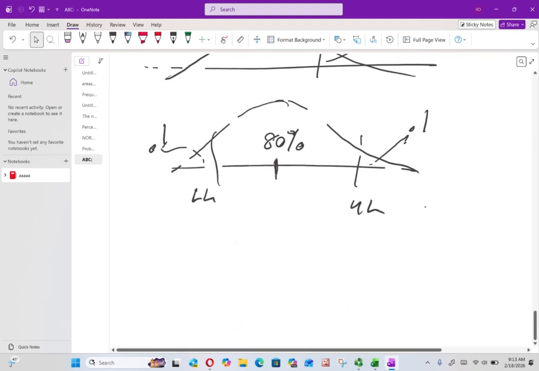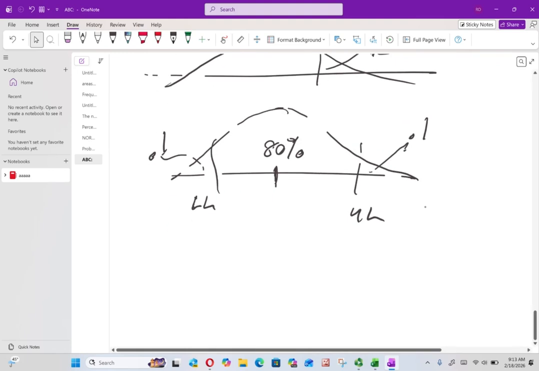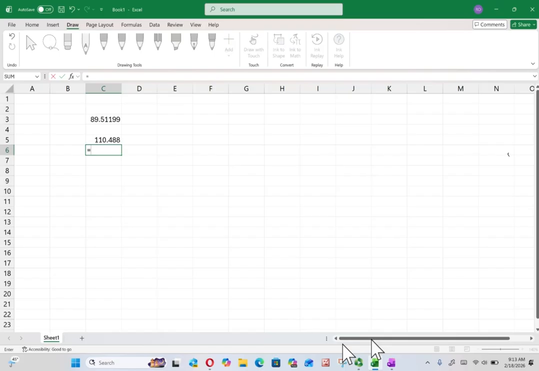Right, there's two ways to do this. One is I can get the 0.1 if I use NORM.INV, and I want 0.1, and I'll use the 100 and 20 again. Oh, got that one wrong. 0.1.